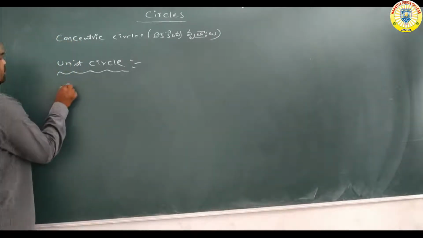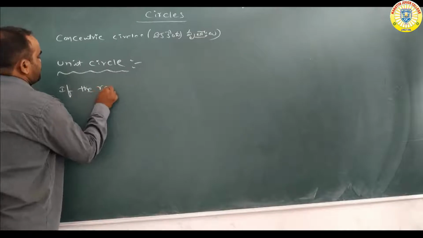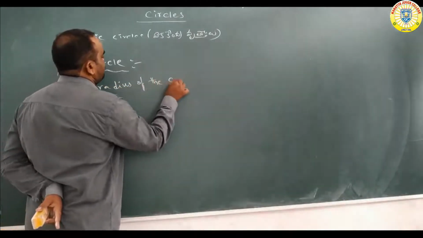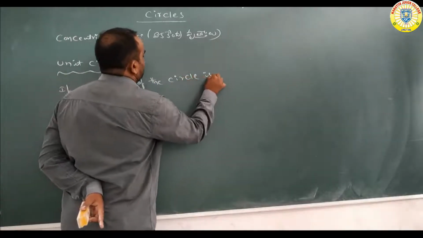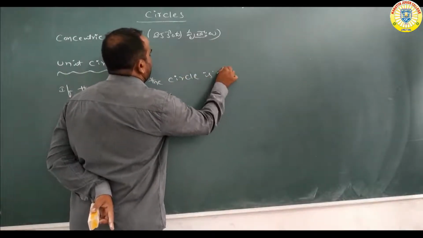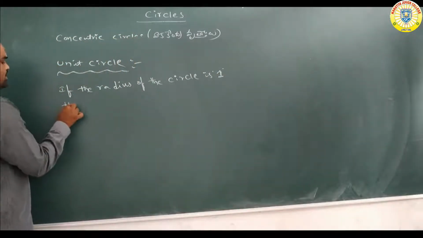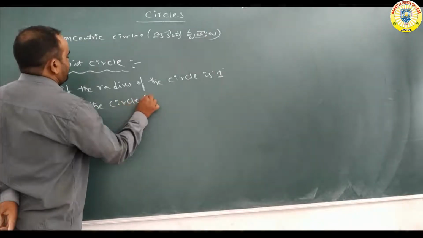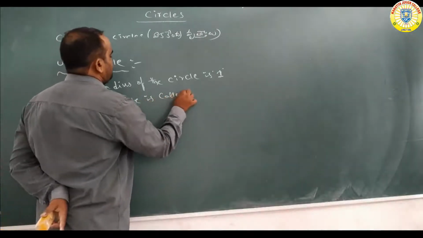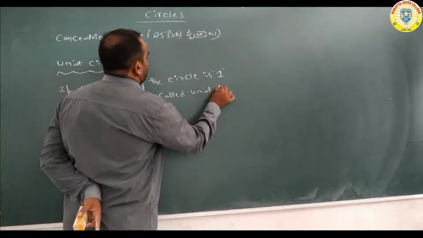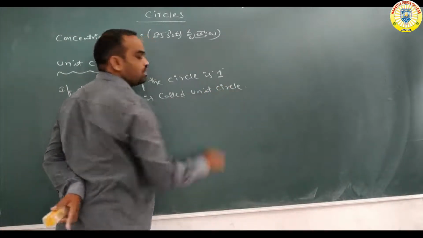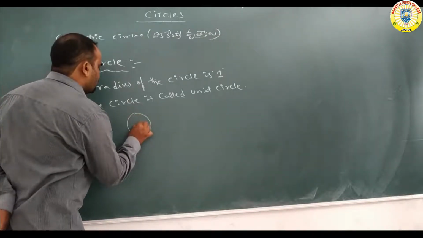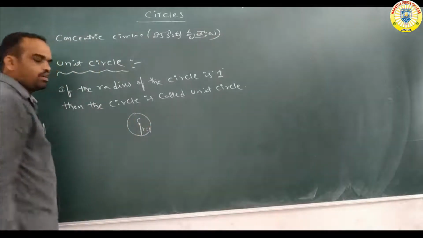Here we are writing: if the radius of the circle is 1, then the circle is called a unit circle.